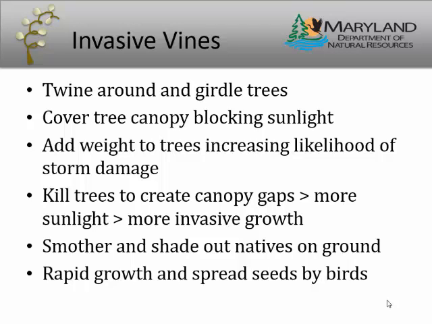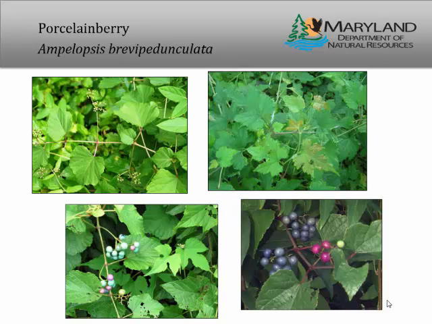And so again, just like the previously mentioned shrubs, a lot of these vines have a berry that's eaten by birds and spread around, or they just can drop so many seeds at a time that they really start taking over quickly. So porcelainberry, I live in Easton, and this is kind of my vine nemesis in that area.